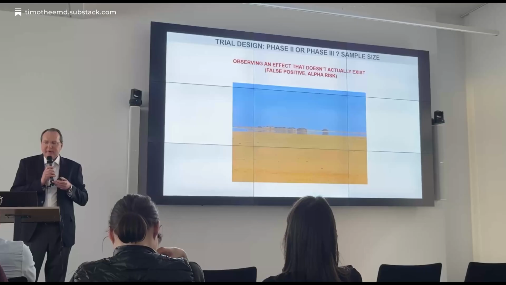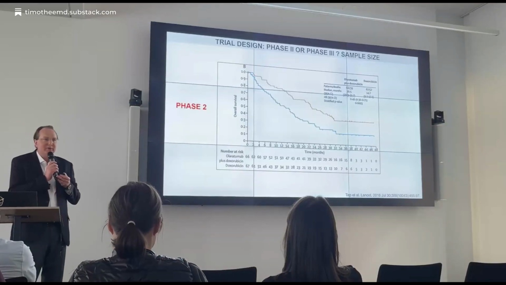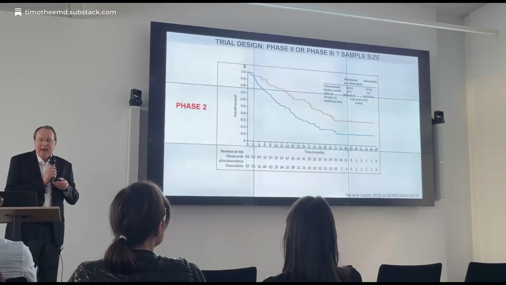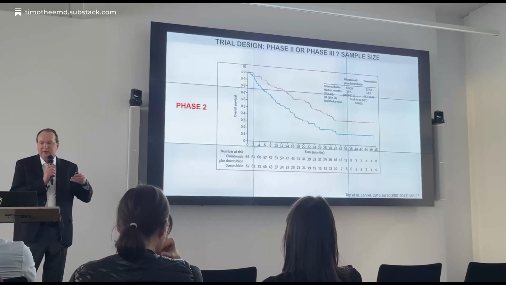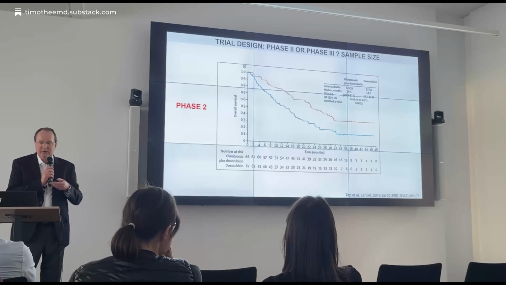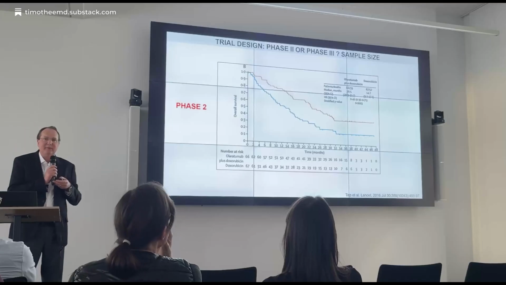So first, false positive. We all remember the story of olaratumab. Olaratumab, I think it was a phase 1-2 study, and this was not the primary endpoint, but the overall survival. So it was in sarcoma, olaratumab plus doxorubicin against doxorubicin, and there was a very impressive overall survival benefit.